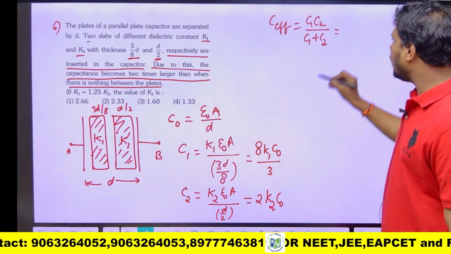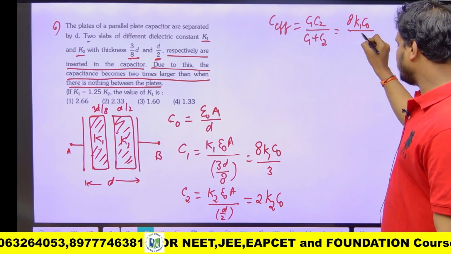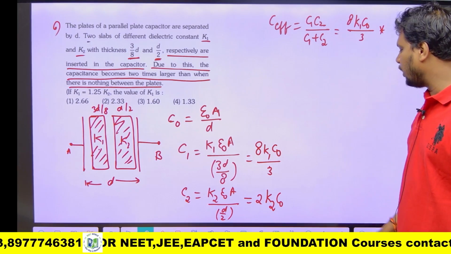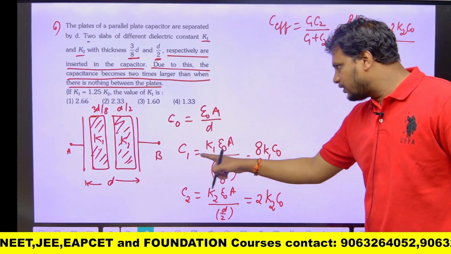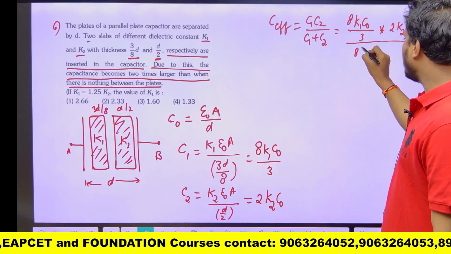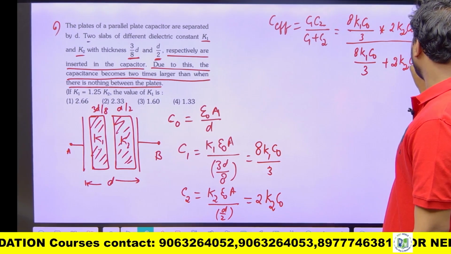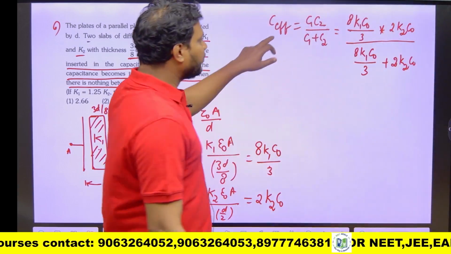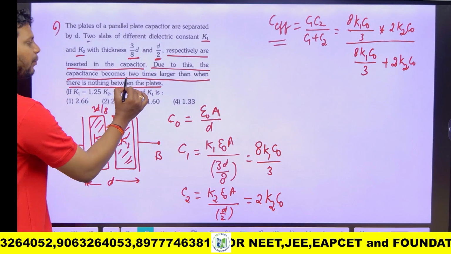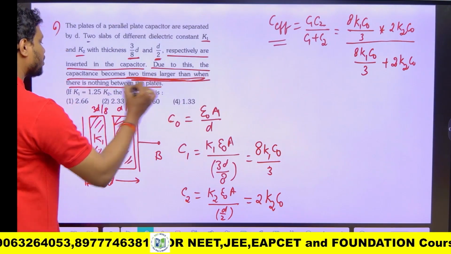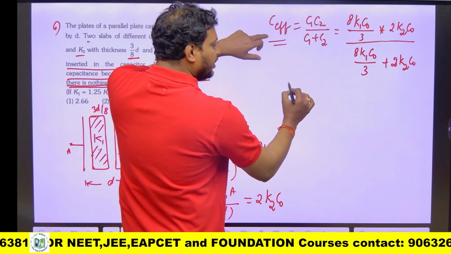So the C1 value is 8K1 C naught by 3 multiplied by the C2 value 2K2 C naught, divided by 8K1 C naught by 3 plus 2K2 C naught. But in the question they have given that the effective capacitance becomes 2 times larger than when there is nothing between the plates. Therefore, you can write C effective as 2 C naught.